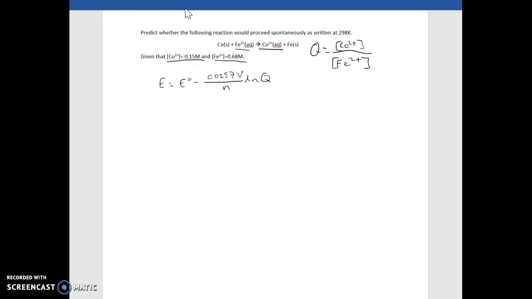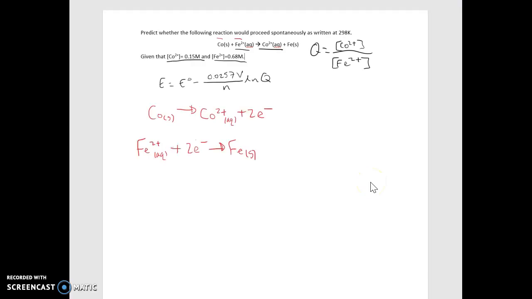And so now we have to write down the half reactions for both our iron and our cobalt, and they're going to be as follows. If you're wondering where I got the 2 electrons, I just added them to the side that has the ion in order to balance out the equation on each side, so that the overall charge will be the same on both sides.